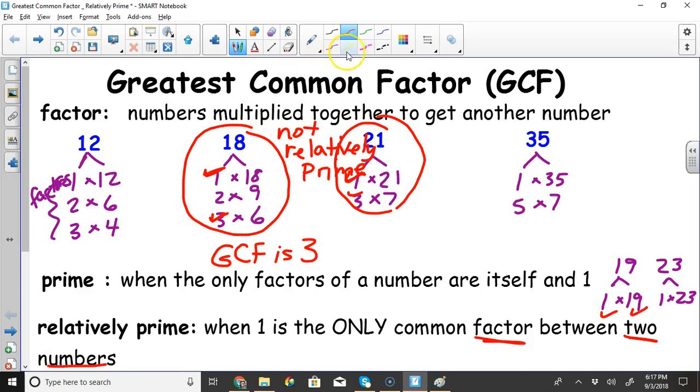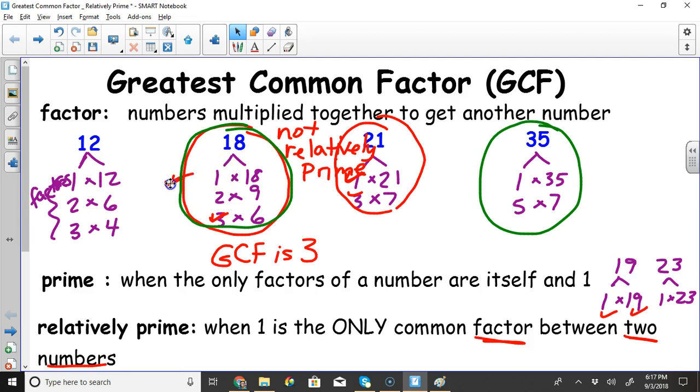All right, let's compare. Let's still look at the factors of 18, but now let's compare it to the factors of 35. What do we have in common? And is there more than one thing in common?